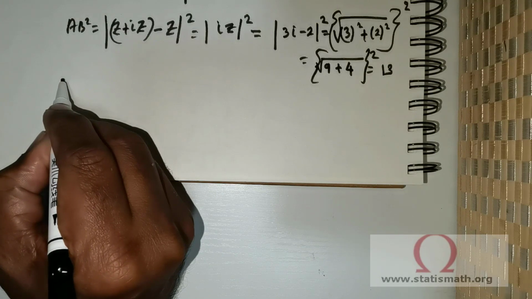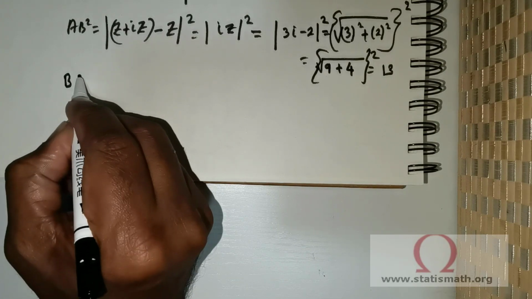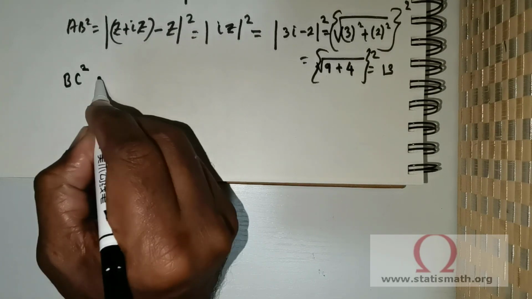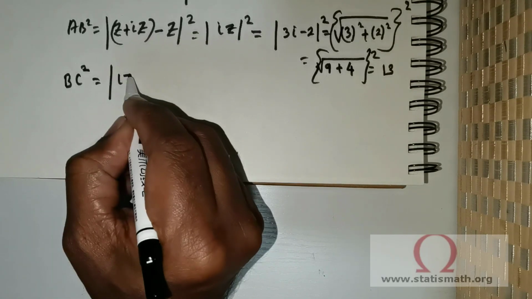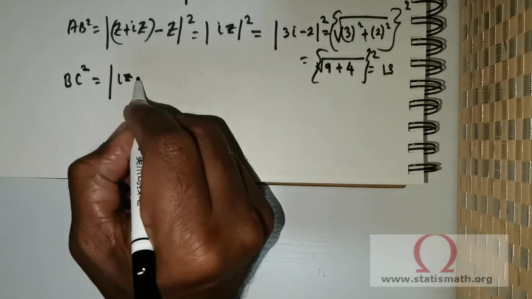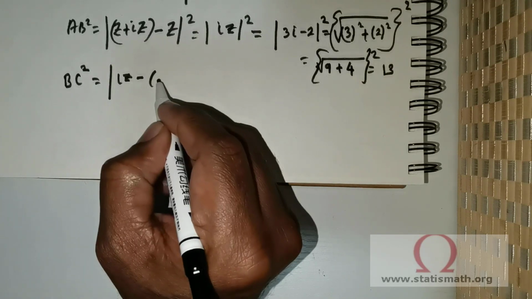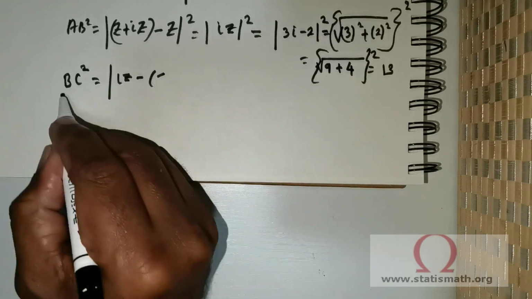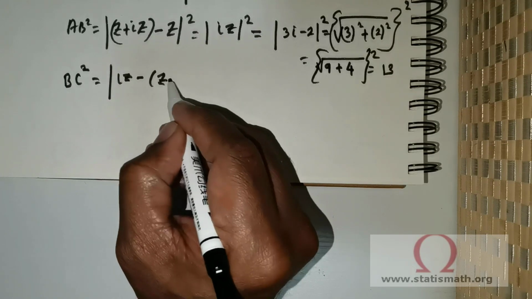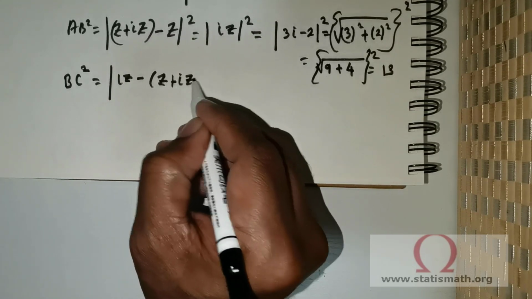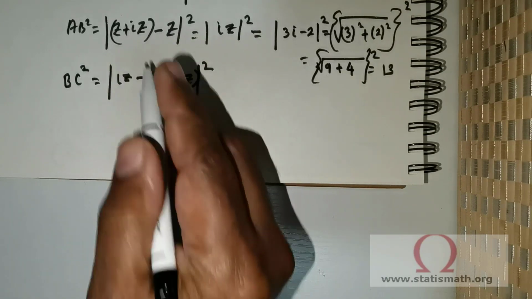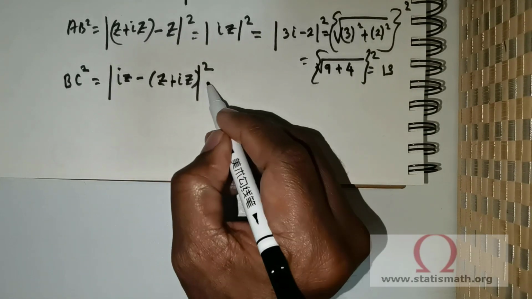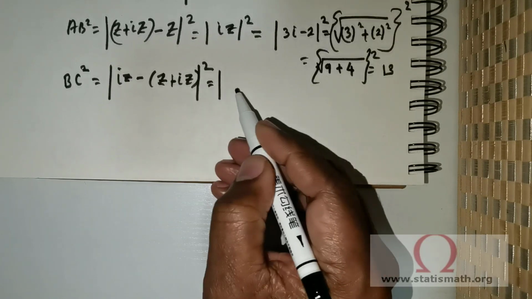So next we need to find what is BC squared. BC squared, we start with C, so that's going to be iz minus the coordinates of B, which is z + iz, and that has to be raised to the power 2. Just by using this formula, you will be able to obtain the solution.